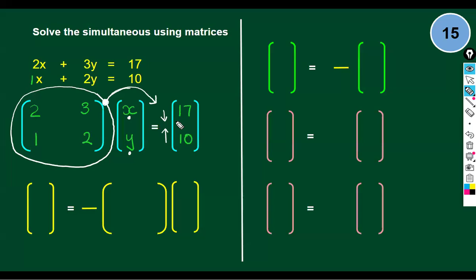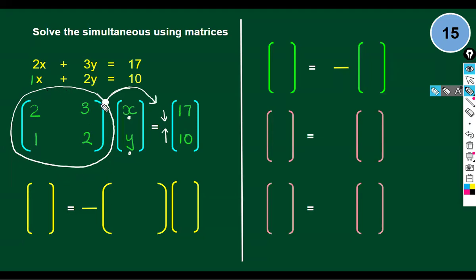The answer is no. So your brain will automatically think, but it has no place before the 17 and the 10, so I'm going to throw it after the 17 and the 10. You cannot do that. Instead, when this matrix goes across, it will push the 17 and the 10 around to make space.